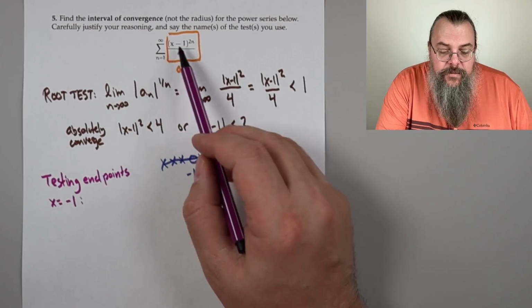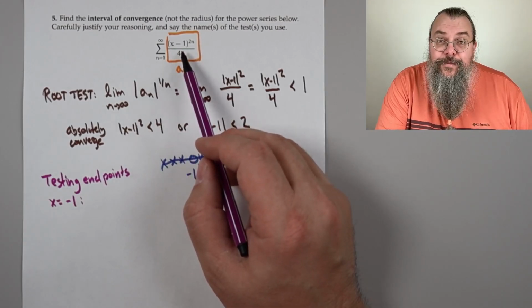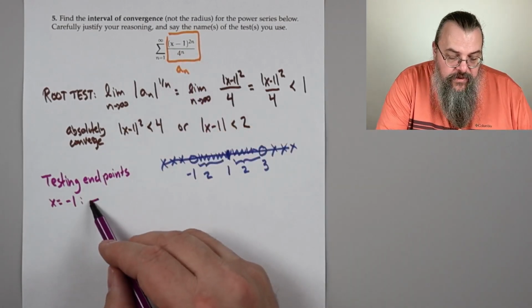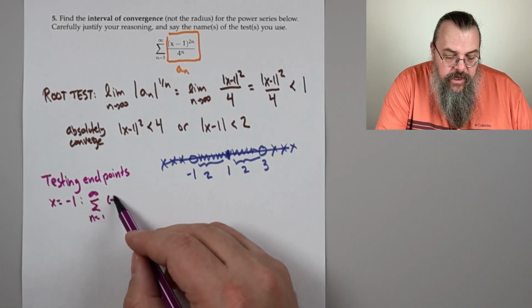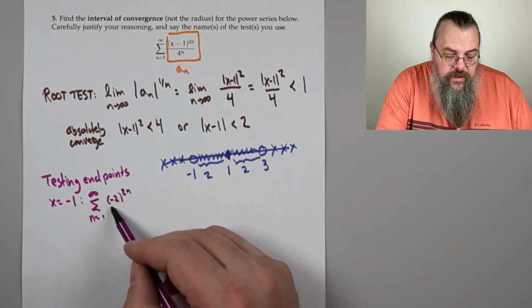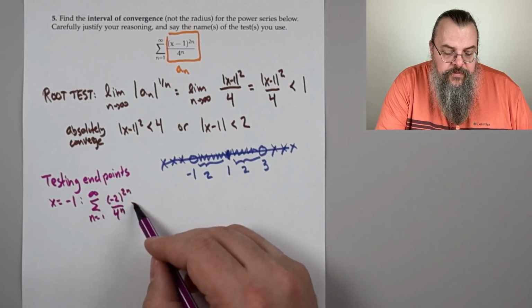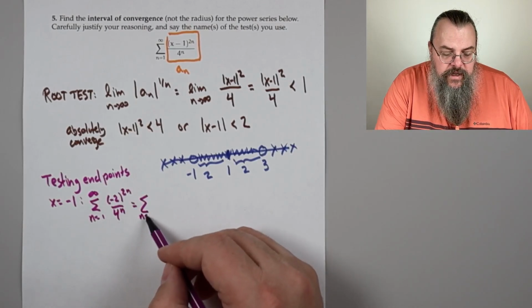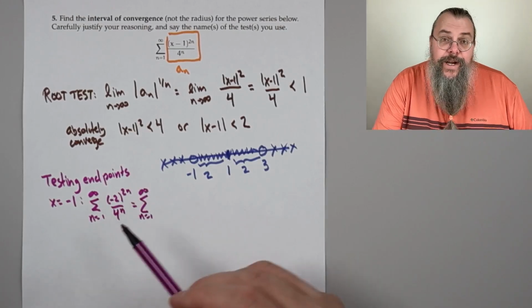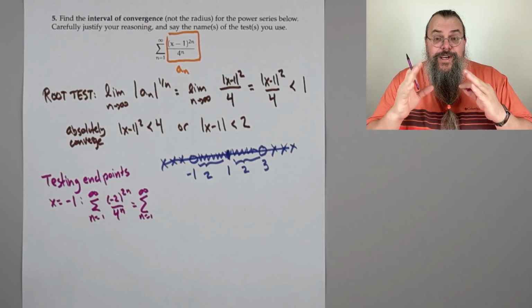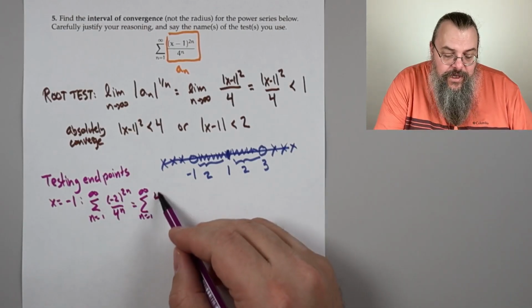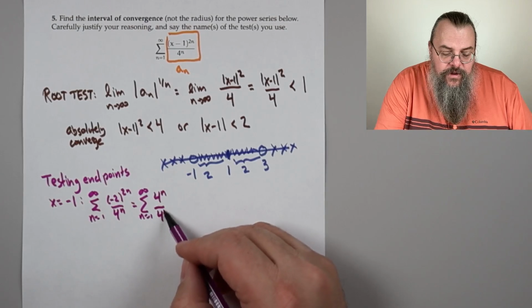Okay, so at negative 1. So minus 1 minus 1 is minus 2. So this becomes the sum, n equals 1 to infinity, of (minus 2) to the 2n over 4 to the n. You can think of it as (minus 2) squared to the n, so it's 4 to the n over 4 to the n.